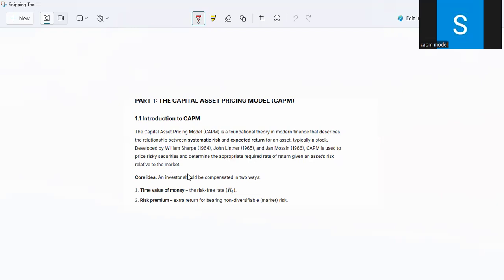So the core idea here is that an investor must be compensated in two ways. Number one, the investor must be compensated in time value of money using the risk-free rate. The other assumption is that the risk premium should be another way that an investor must be compensated. So the CAPM model is given by the following formula.